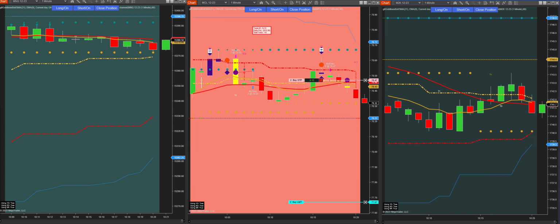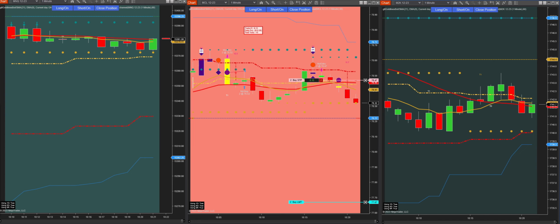The nice thing is that we are in a risk-free trade, but the profit that we're in right here would help the account. Right here is where I would think there would be some signs of resistance.